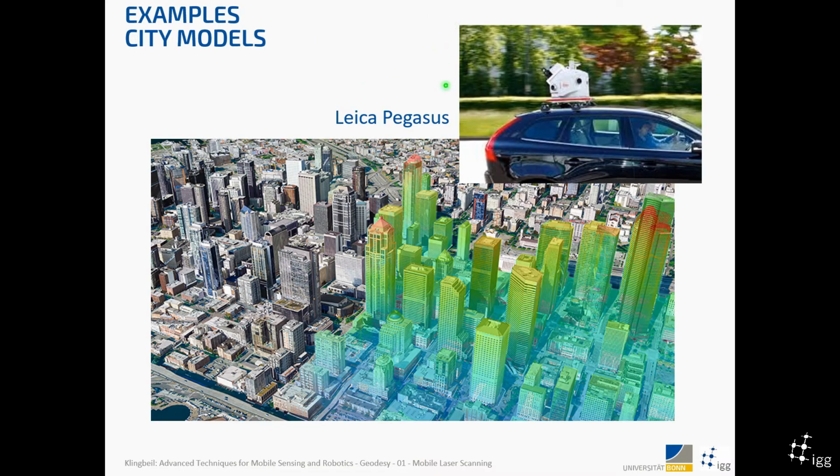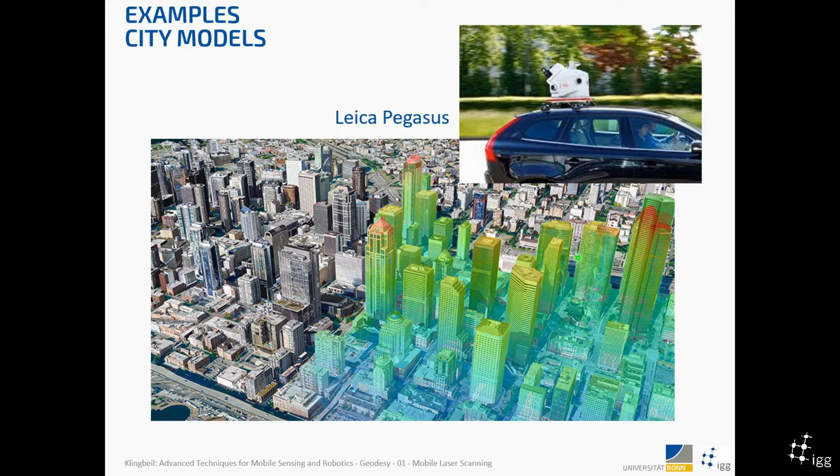And we can give some examples which are pretty well known nowadays. Like, for example, you can generate city models, right? This is one of those mobile mapping systems, where we will come later to what's actually in here. So it's basically GPS, inertial sensors, laser scanners, and cameras.